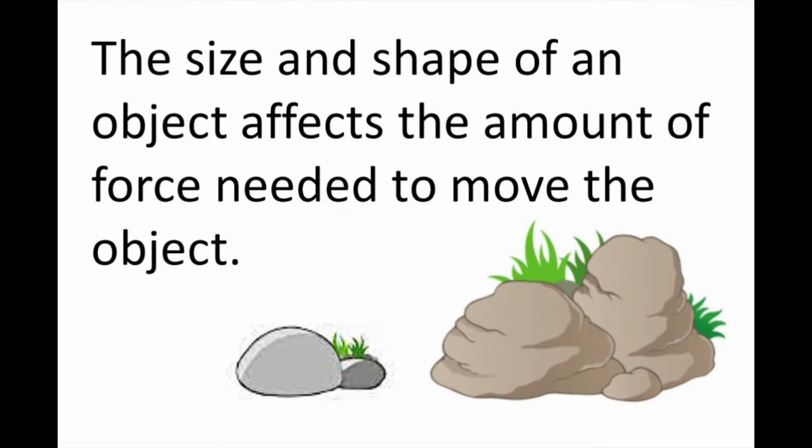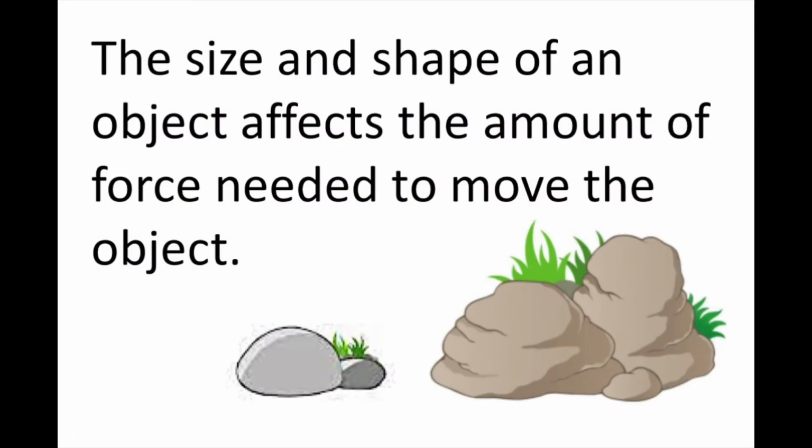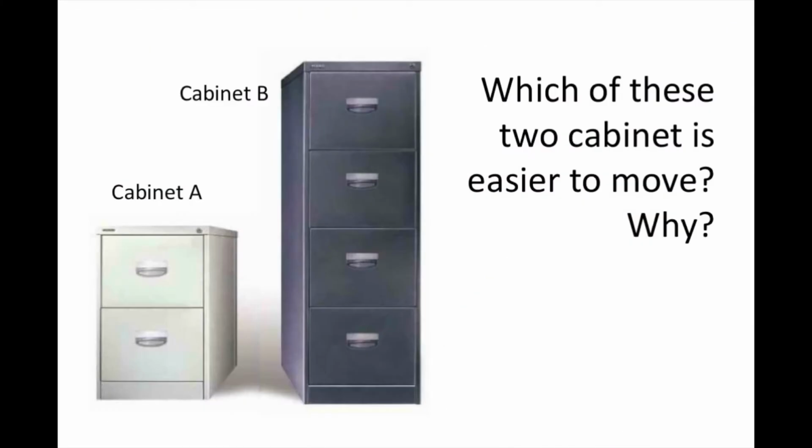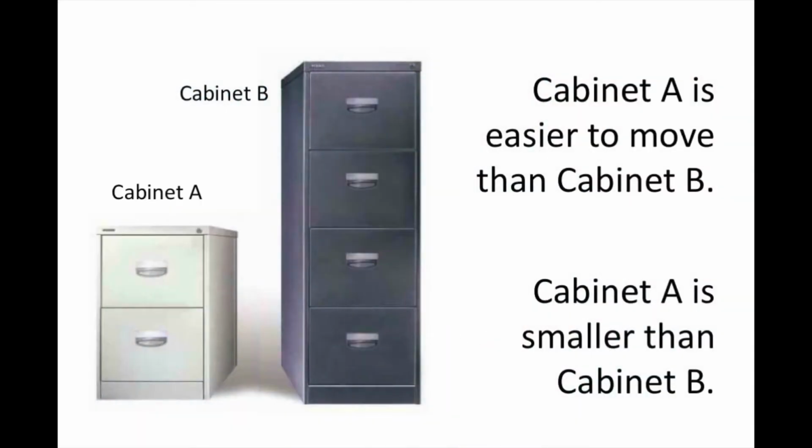One of the conditions that affects the amount of force needed to move an object is its size and shape. Let me give you an example and guess which object is easier to move. Take a look at the two metal cabinets. Which of these two is easier to move and why? If you guess that cabinet A is easier to move than cabinet B, you're right.